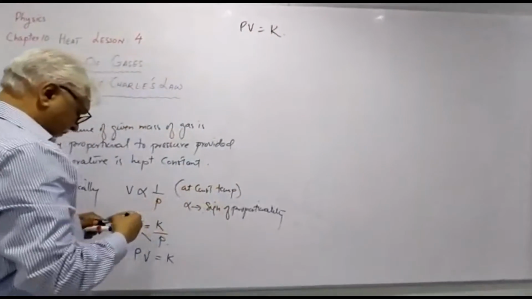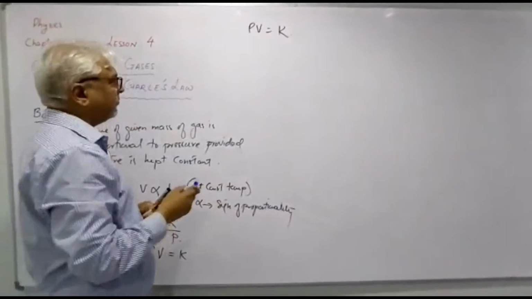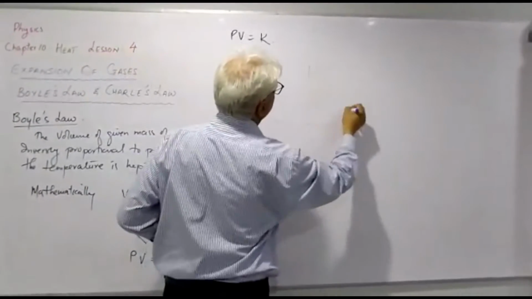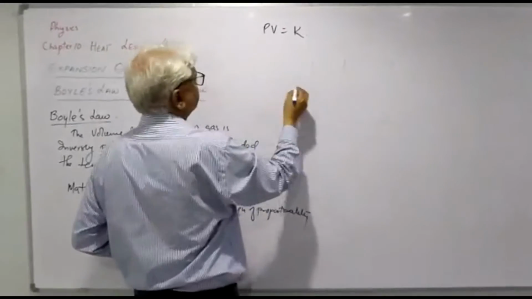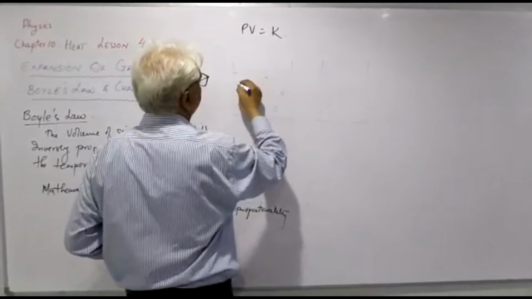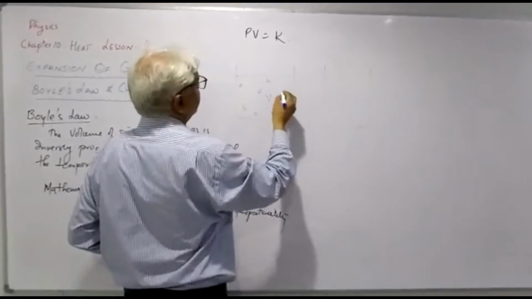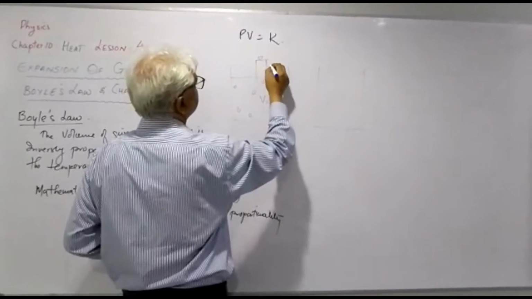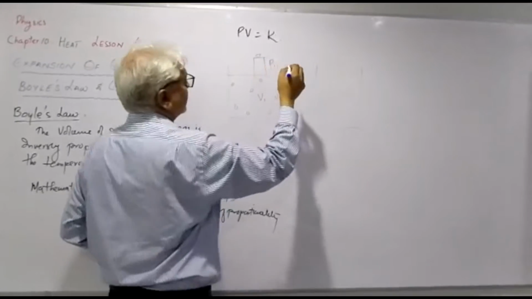Now I can understand it by means of this figure. Let's say you have a container, and this is the volume of gas, V1 initial, and the pressure over here is P1.